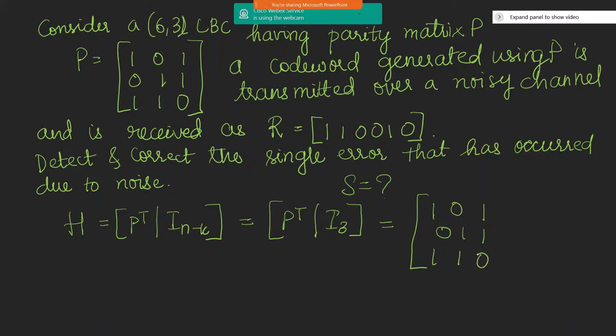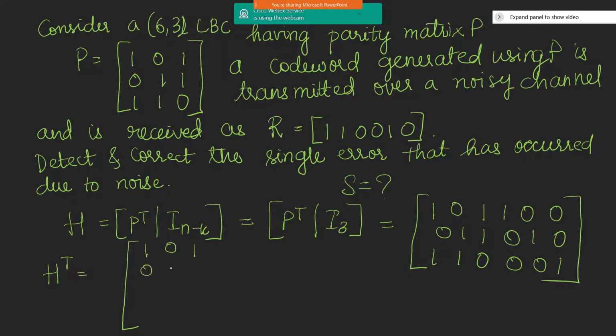The matrix will remain the same even after transposing, and I3 would be 1 0 0 0 1 0 0 0 1. So this is the parity check matrix that I will obtain, and I need H transpose to evaluate the syndrome. I'll take the transpose of it. It is 1 0 1 0 1 1 1 1 0 1 0 0 0 1 0 0 0 1. So this is the transpose of the parity check matrix.